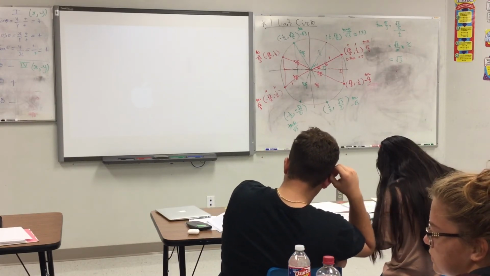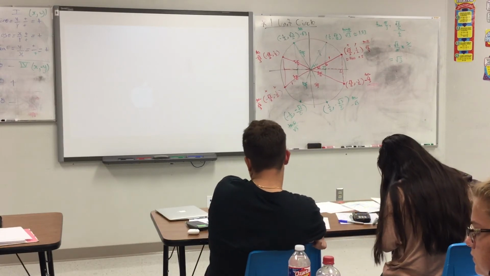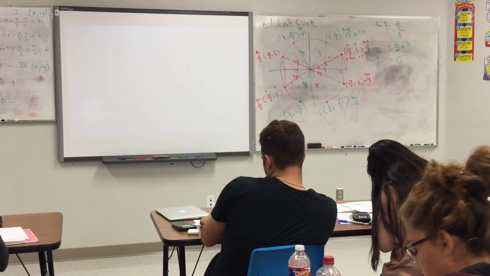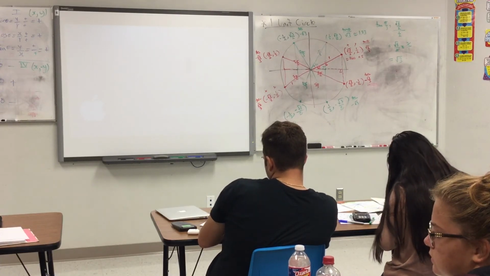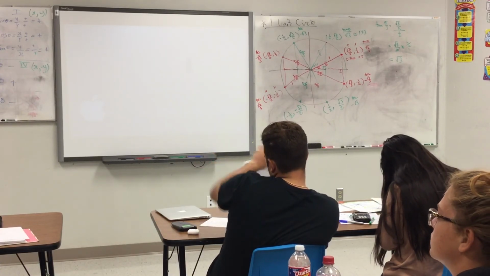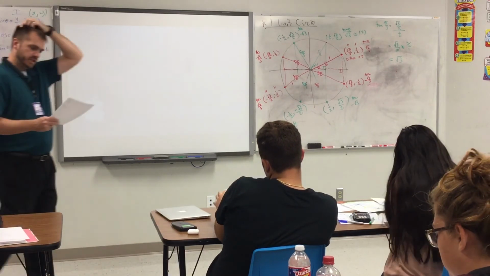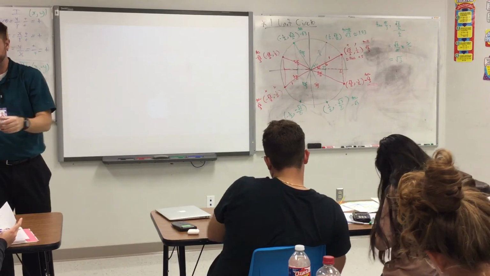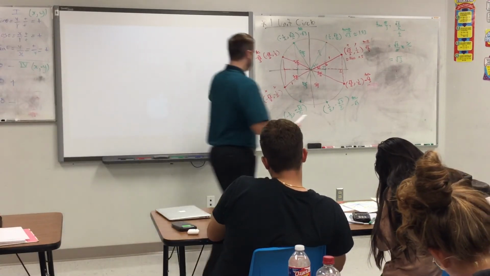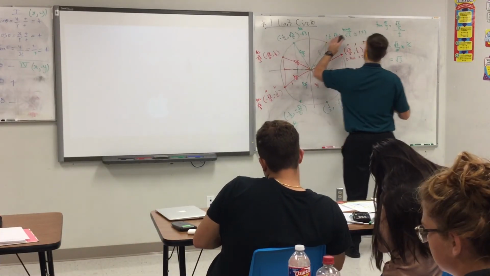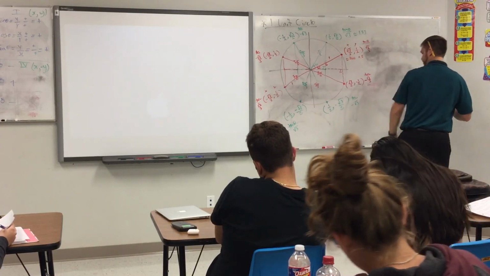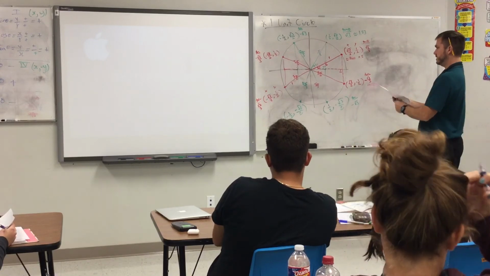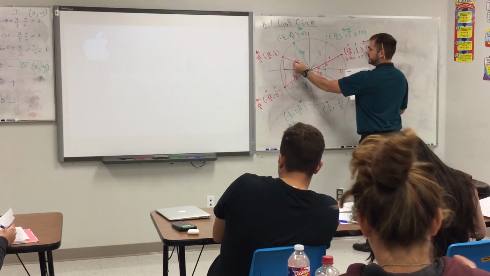Y'all have your, where's that paper that y'all have? This one. Circle Tree 2? Oh, out of the student circle. Number 1. It says, find the terminal point on the unit circle determined by 5 pi over 6 radians. 5 pi over 6, is that one labeled here? 5 pi over 6, there it is.